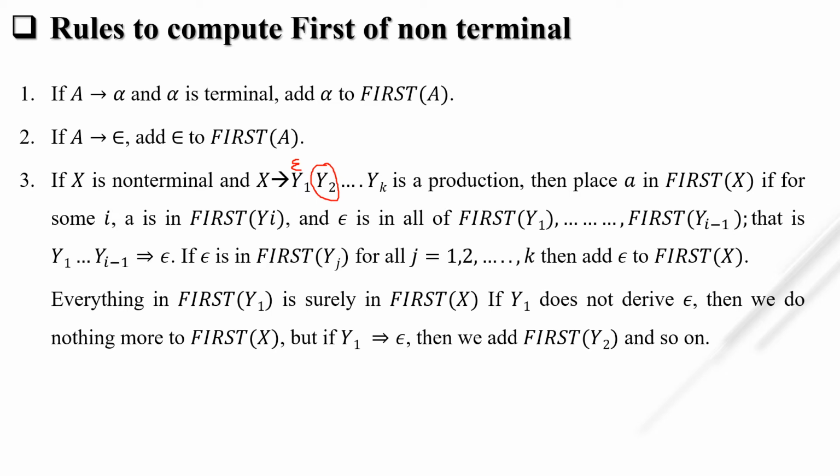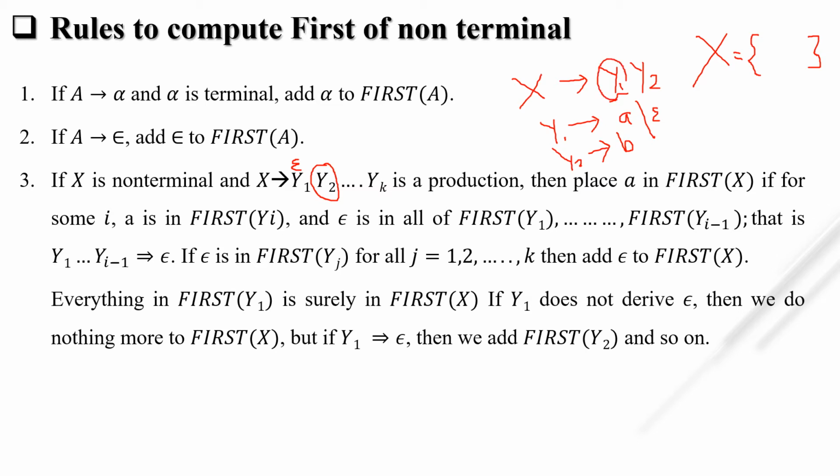For example, suppose X tends to Y1 Y2, and Y1 tends to small a or null, and Y2 tends to small b. Then what is the first of X? The first of X will be the set of, if the first position is a non-terminal, then we have to check the first of Y1.